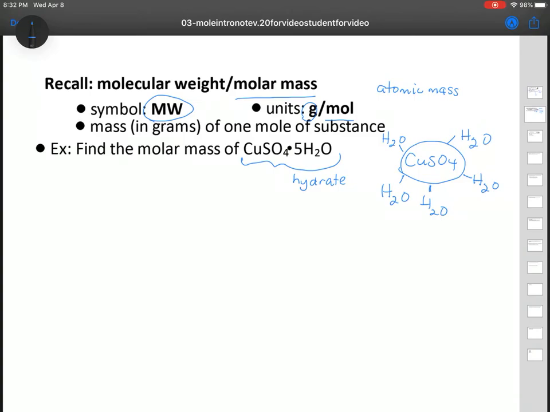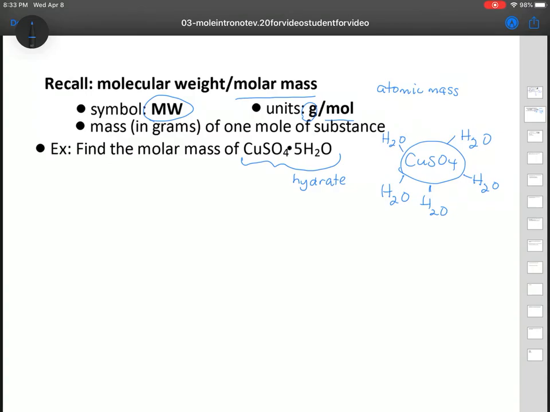So what this means is the 5 waters are going to add to the mass of the substance. If you've ever looked at a chemical bottle, sometimes they'll say anhydrous, which means that ionic compound does not have water molecules attached to it. It's not a hydrate. Now you'll see that the formula weight or molar mass, molecular weight, is going to be greatly influenced by those 5 waters, and it makes a big difference.